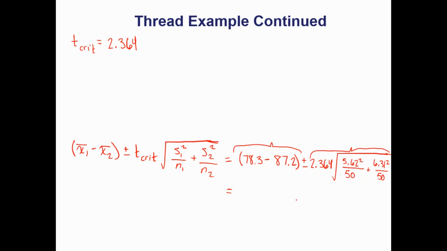We're still on the first example. So if I do the first group, I should get negative 8.9 plus or minus. And then our standard error over here would be what? To 2 decimal places. 2.82, that's right.